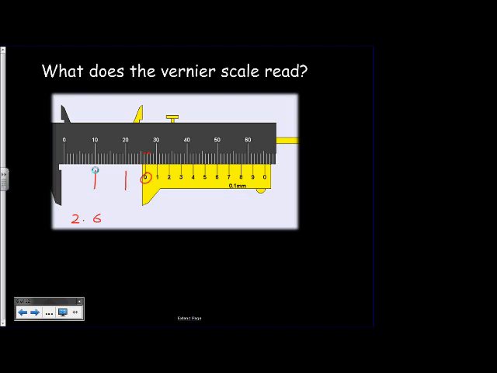And then to get the next decimal place, we go across this scale here and we find which of those numbers best lines up with a scale division up above. And you'll find that they move from being off on one side, and they get closer and closer.